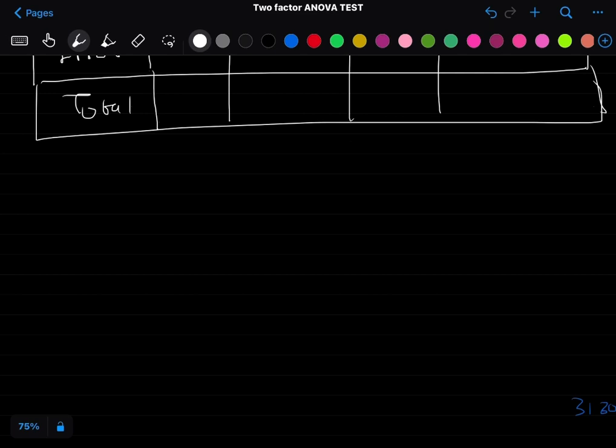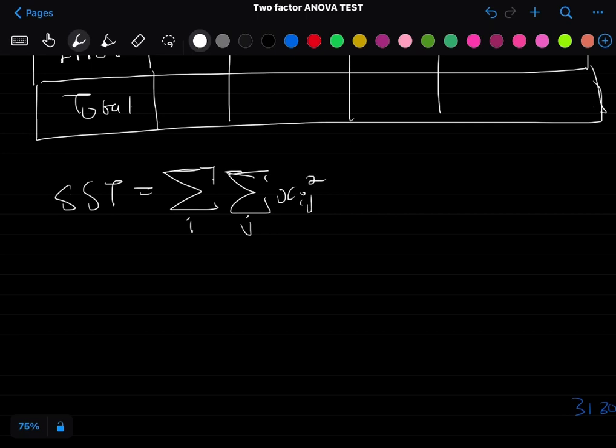So the sum of squares for the total is this one. Sum of x_ij squared, and then minus the square of the grand total divided by ij.